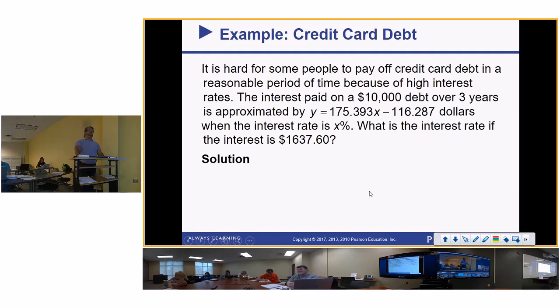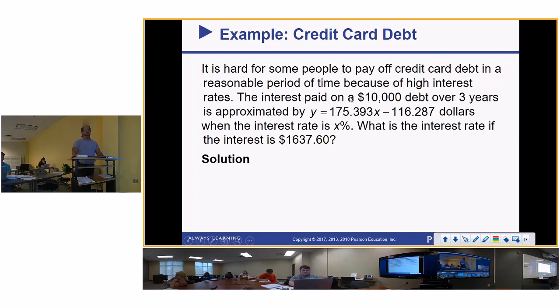It is hard for some people to pay off credit card debt in a reasonable period of time because it's a scam. The interest paid on $10,000 debt over 3 years is approximated by y equals the given formula, when the interest rate is X percent. What is the interest rate if the interest is 1637.6? That means they're giving us what?